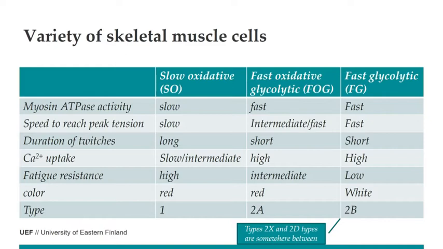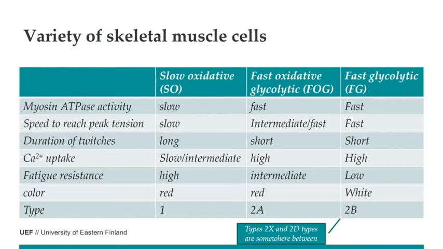But between them, there might be type 2X or even type 2D. So there might be 4 or 5 different types of skeletal muscles. And most probably, these type 2 are a continuum from quite oxidative cells to almost completely glycolytic cells.